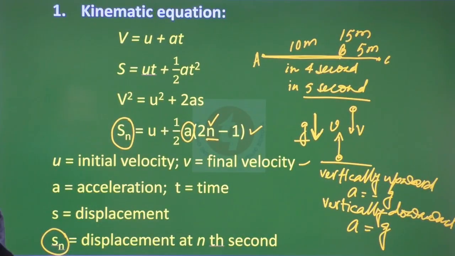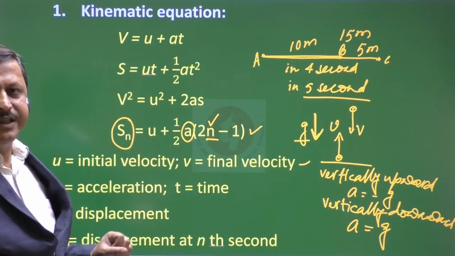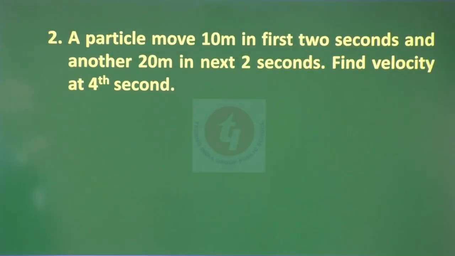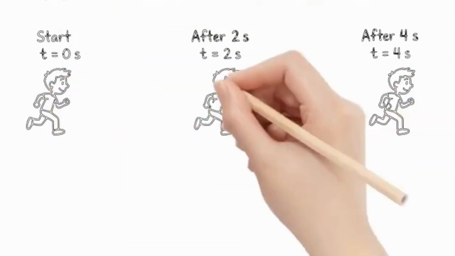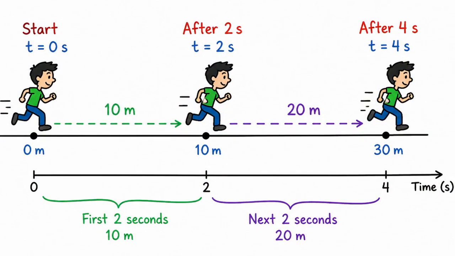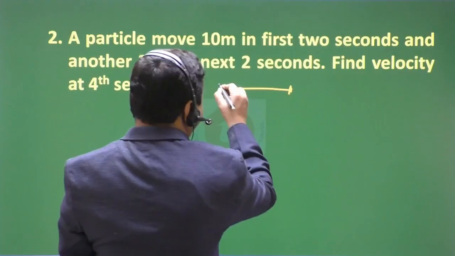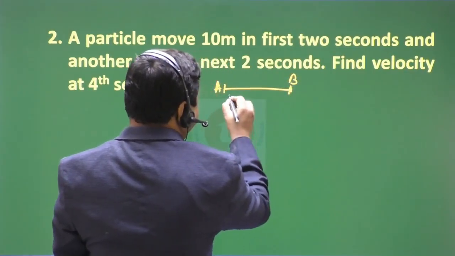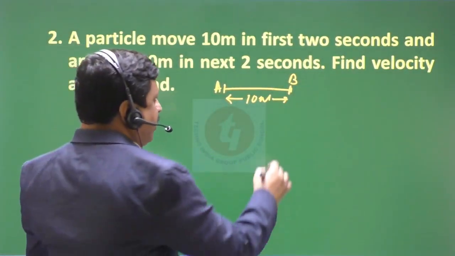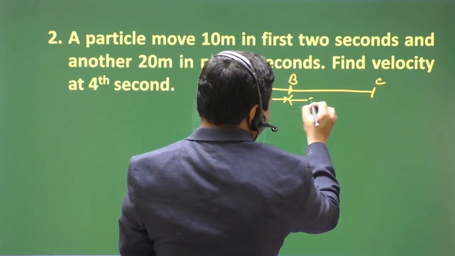These are the kinematic equations, okay. We have to solve the problems by these equations, like say this is a problem. A particle moves 10 meter in the first 2 seconds and another 20 meter in the next 2 seconds. That means in the first 2 seconds it will move from point A to B, and that is 10 meter, and in the next 2 seconds the particle moves from B to C, and that is 20 meter.